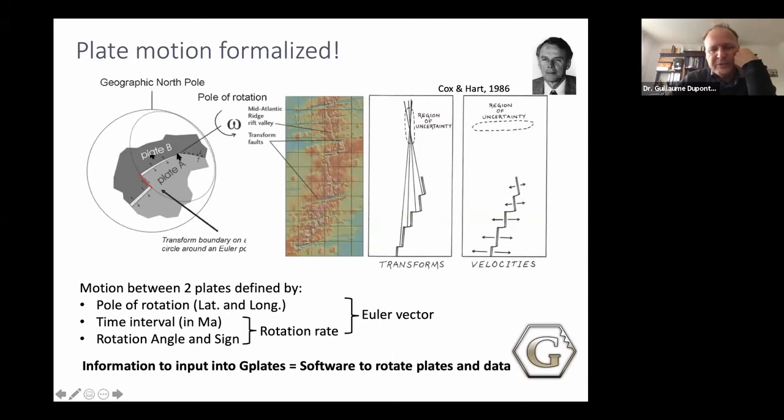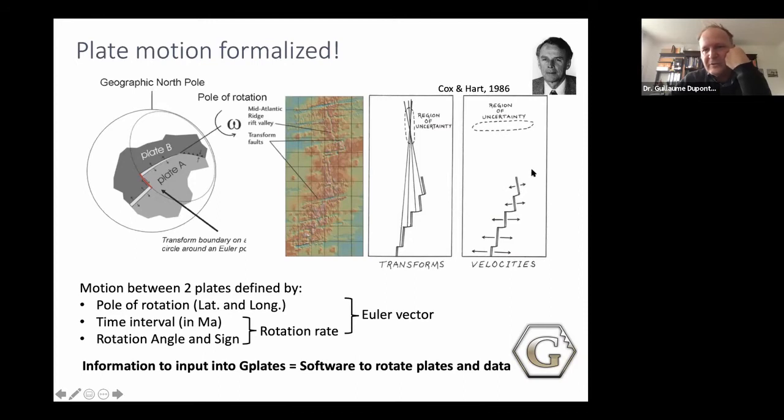And this will describe the rotation of one plate with respect to the other between a given time, in this case, the time one marine magnetic anomaly was formed and the time the next anomaly was formed. And so this is shown here.